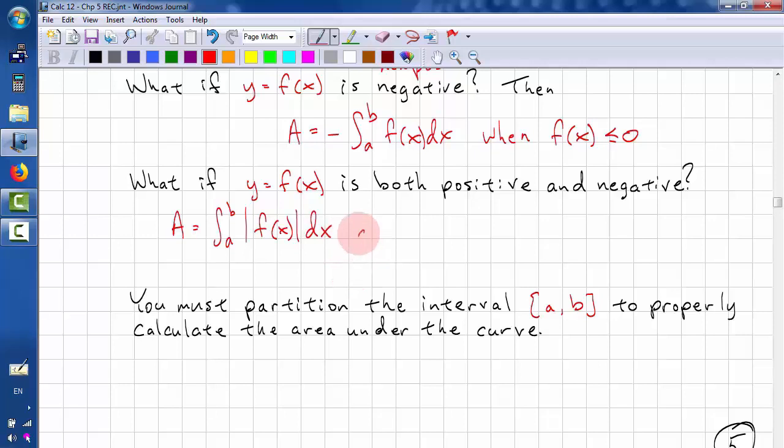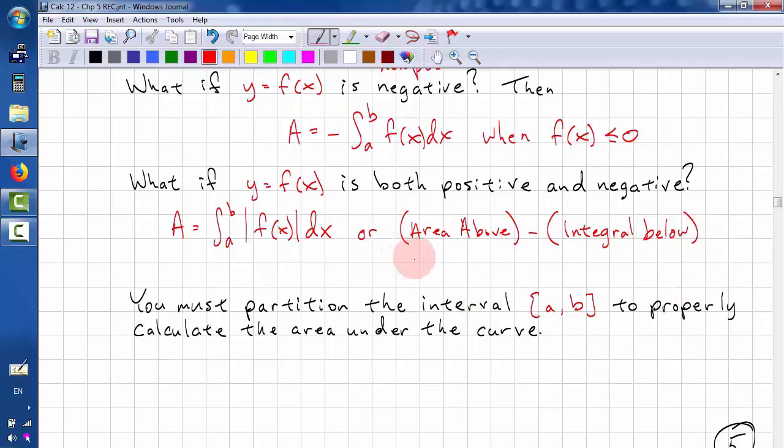Or it's easier to think of it as area above minus the integral below the x-axis. Okay?